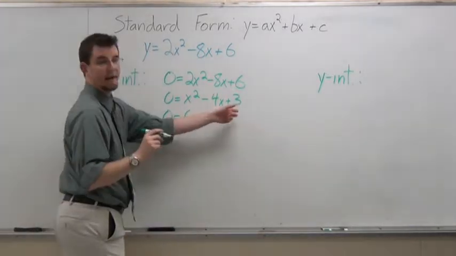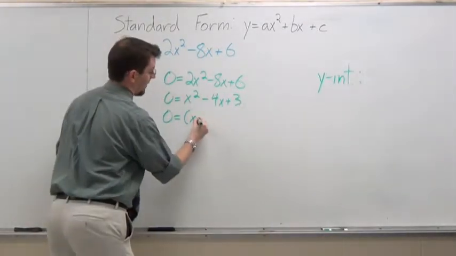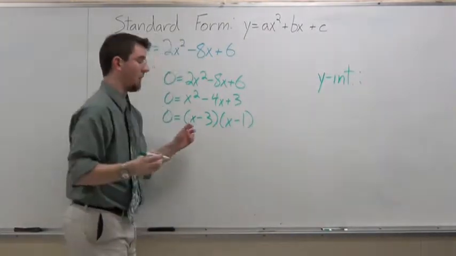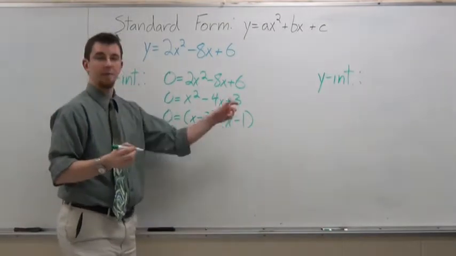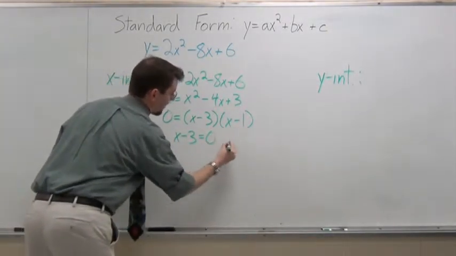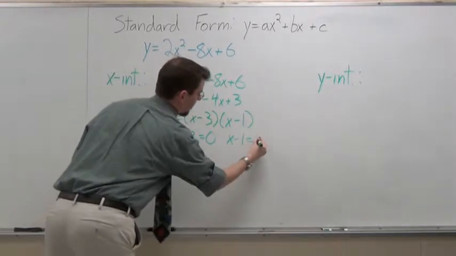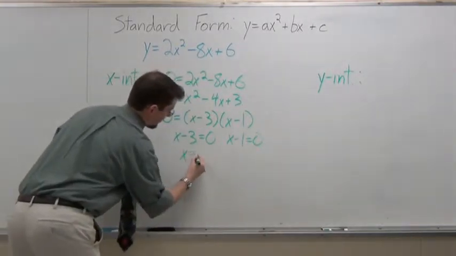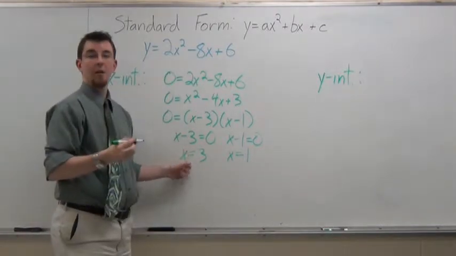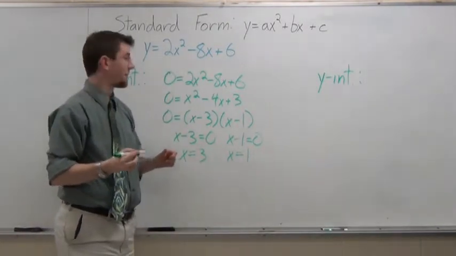Two numbers that multiply to get 3 that add to get negative 4 are x minus 3 and x minus 1. And then from here I'm going to solve. And I get 3 and 1 as the x values there.